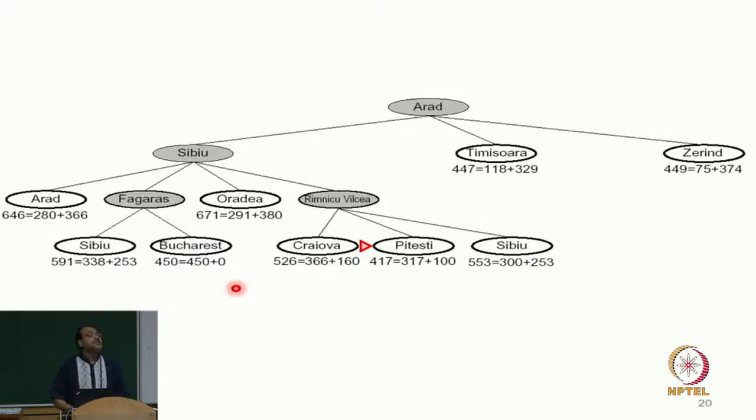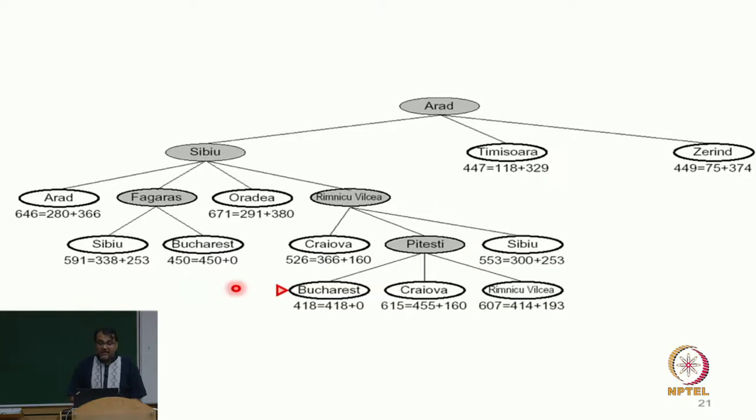Then I expand Pitesti, and once I expand Pitesti, I get to another node of Bucharest. At the time I remove the goal from my fringe, that is the time I know that I have found the best path, and again we will prove some of these things, why best in what sense.